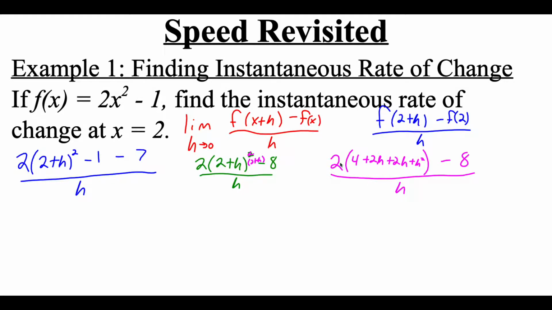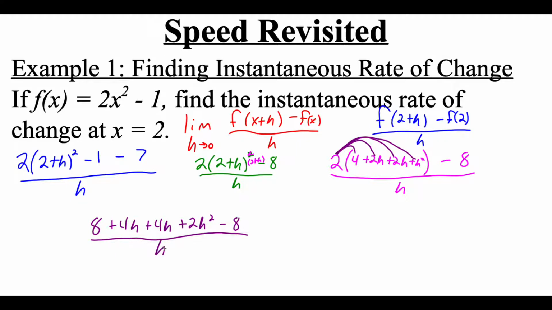I'm going to distribute that 2 in, so 2 times 4 is 8, 2 times 2h is 4h, 2 times this other 2h is another 4h, and then 2 times h squared is 2h squared, but then we still have this minus 8 on the back end, and this is all over h.